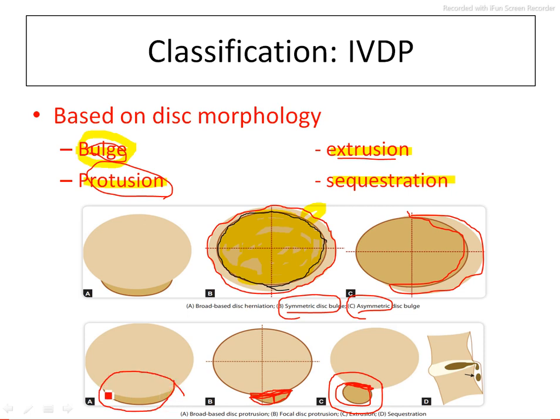Non-pedunculated, your base is more, you see here how much more it is. So this is your extrusion type. But when you find a pedunculated type, then it is your protrusion. Now when the herniated or prolapsed disc part gets dislodged, you see here it has been dislodged, and it is not in continuity with the nucleus pulposus, then it is known as sequestration.